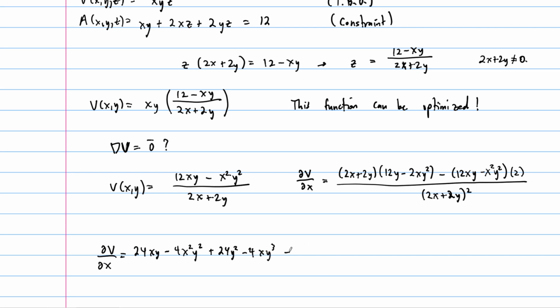And then over here we're going to have minus 24xy plus 2x squared y squared. This is all over (2x plus 2y) quantity squared.